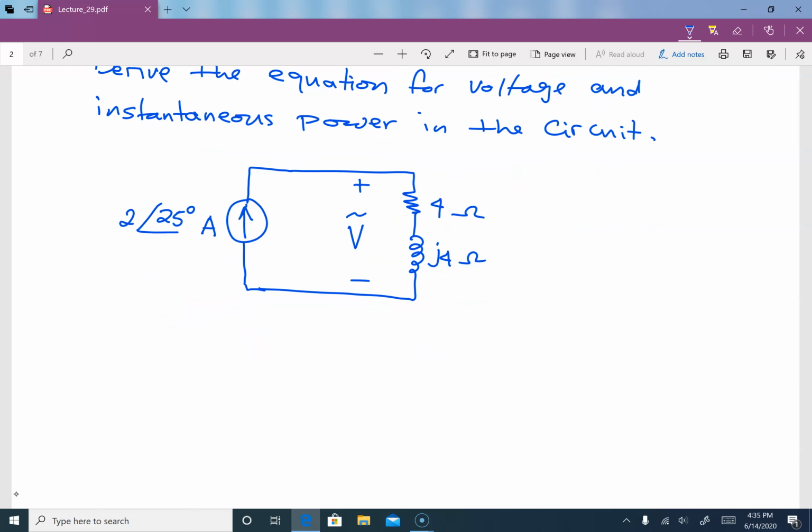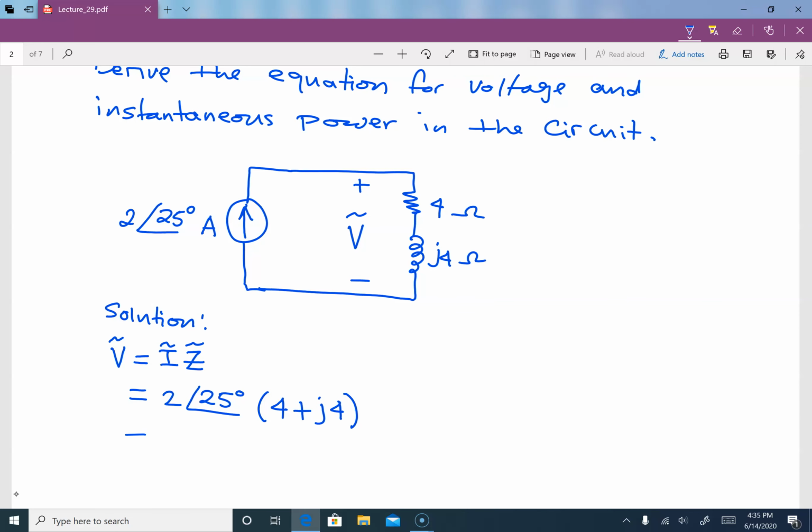First of all, for our solution, V is equal to I times Z, which is equal to 2 with angle 25 degrees multiplied by the impedance, 4 plus j4.